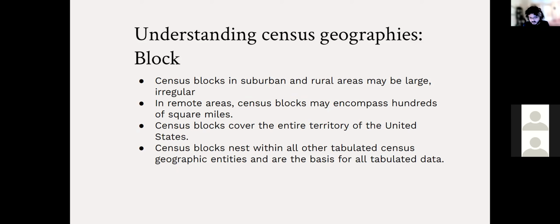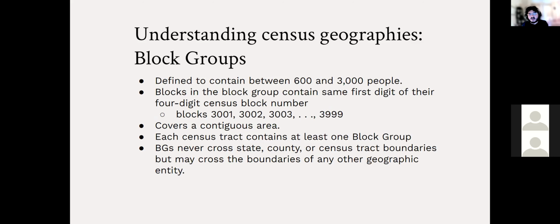Census blocks cover the entire territory of the United States, and they are nested in tabulated census geography entities. They're the basis of all tabulated data. For block groups, they're defined to contain between 600 and 3,000 people. So when you try to make a community of interest or build a map, you'll notice the block groups are of different population sizes.